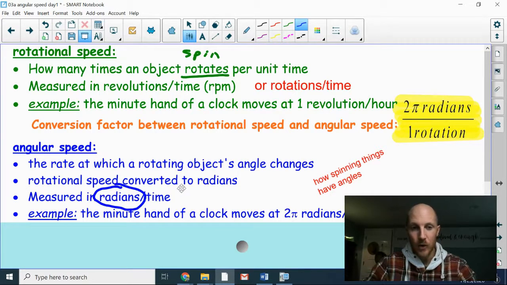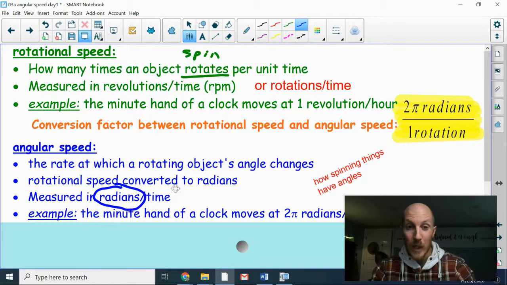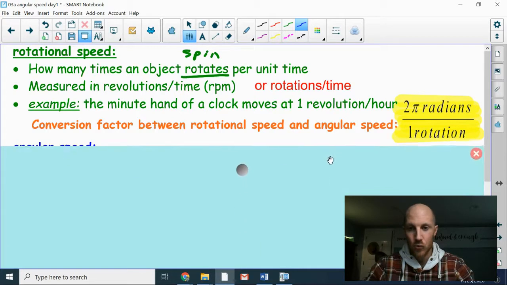So my conversion factor that is written down on the notes page between those two headings, rotational speed and angular speed, is right here. Conversion factor between rotational and angular speeds: 2 pi radians and 1 rotation. And I can change the word rotation to be revolution or cycle or circle or spin or trip around the record player, or whatever is going to fit the problem. But 2 pi radians and 1 rotation, and I may need to do the reciprocal with my conversion factor just to make sure that the units will cancel correctly.